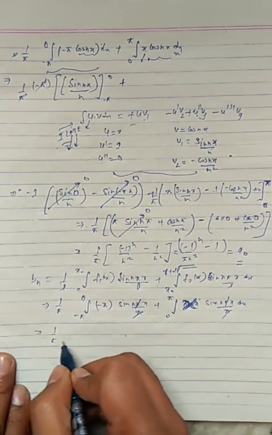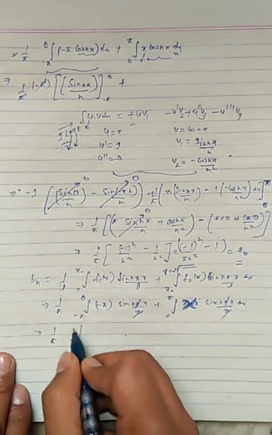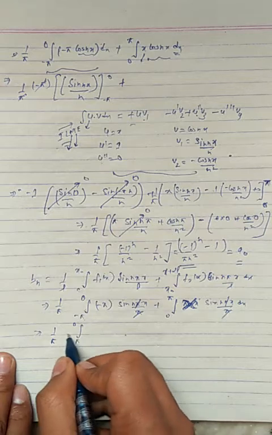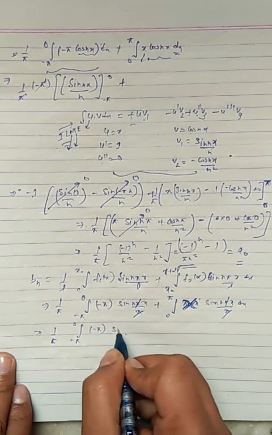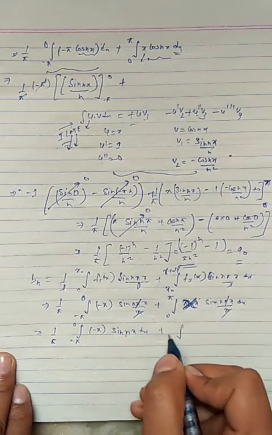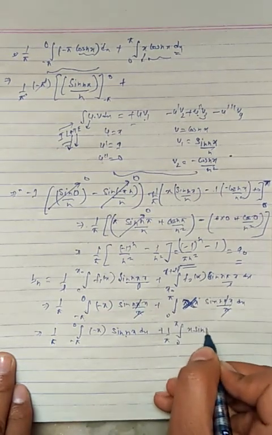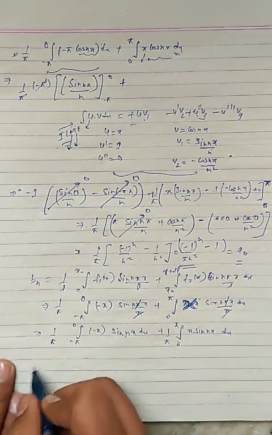Now this became 1 upon pi integration of minus pi to 0 minus pi as it is sine of nx dx, plus 1 upon pi integration 0 to pi x sine nx dx.